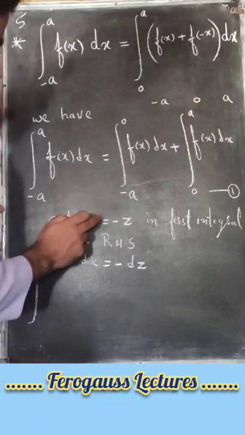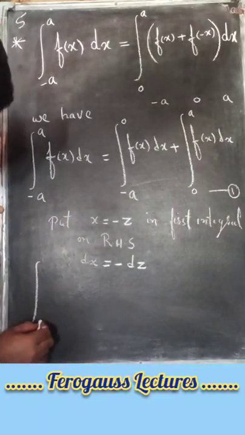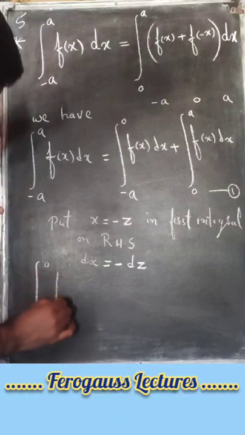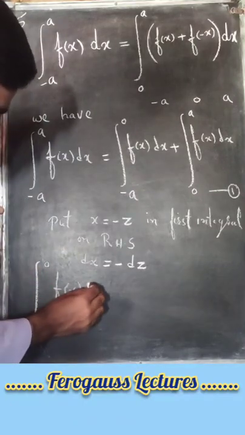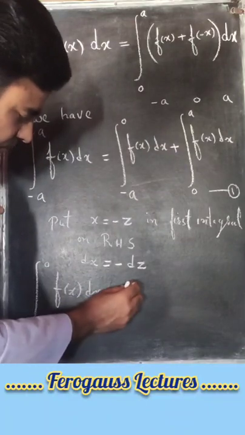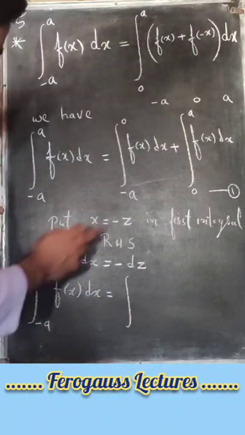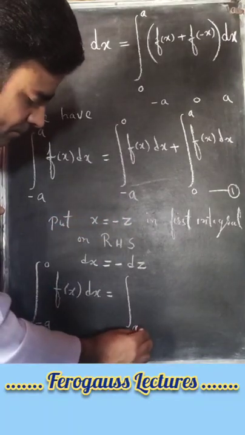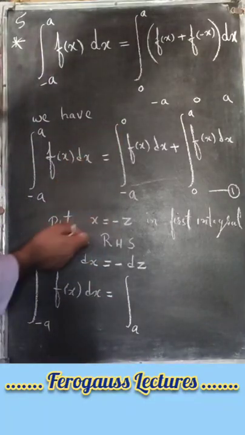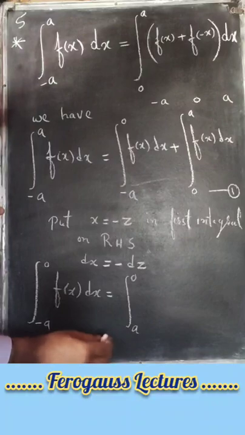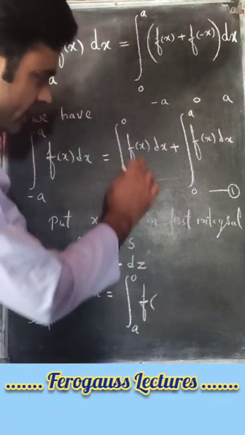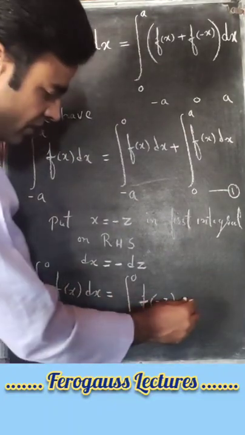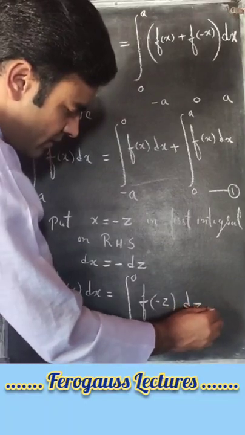When x is equal to -a, we get z equal to a. So let us first write the integral from -a to 0 of f(x) dx equal to the integral; now when x is equal to -a, z is equal to a, and when x is equal to 0, z is equal to 0. Then we have f of, instead of x, -z. Then instead of dx we write -dz, so we write dz with a minus sign.